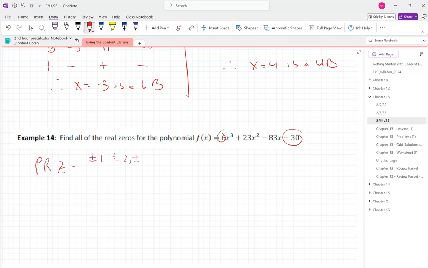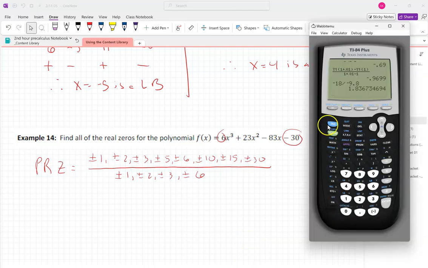So my factors of 30: 5, 6, 10, 15, 30, divided by factors of 6. Everybody's okay with this?